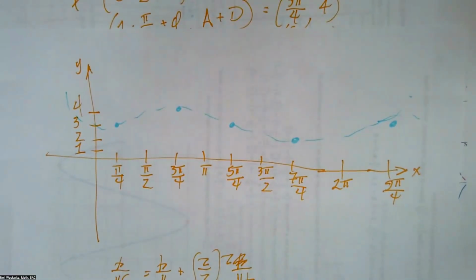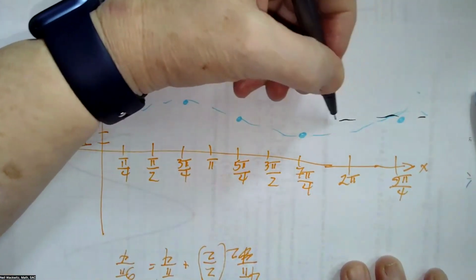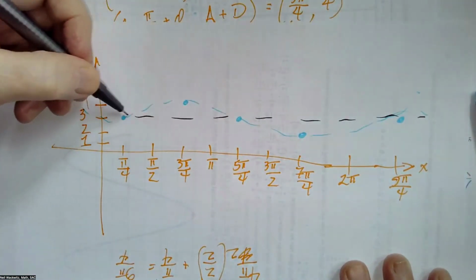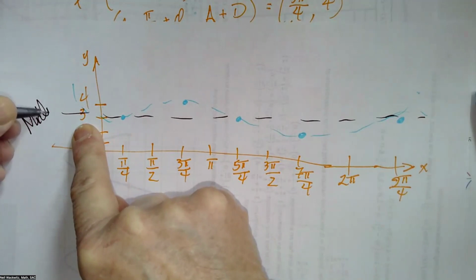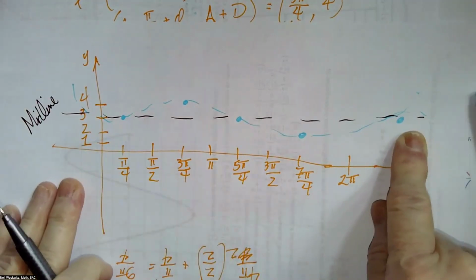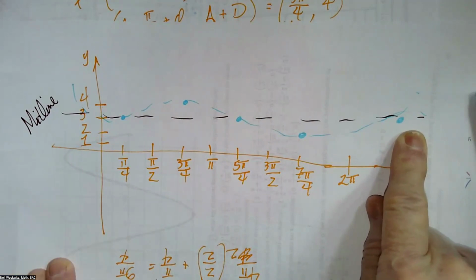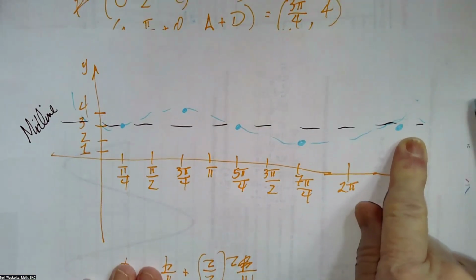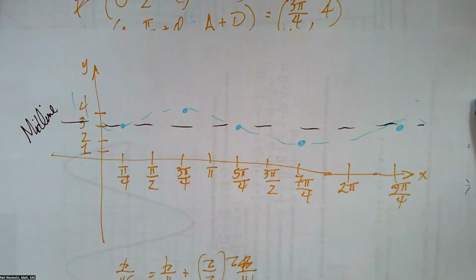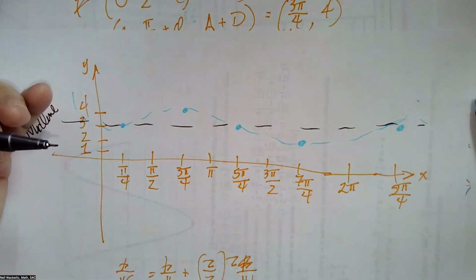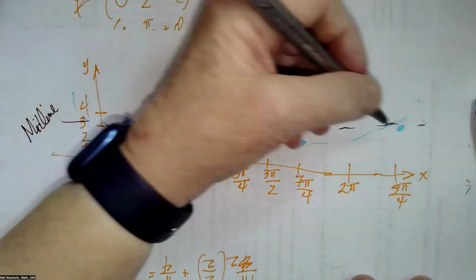And this time what I want to do is sketch in a midline. This midline shows what would have been the x-axis if we had not had a vertical shift. If D had been 0, this midline would be the x-axis. But this is important because cosecant's asymptotes are still based on these intercepts.